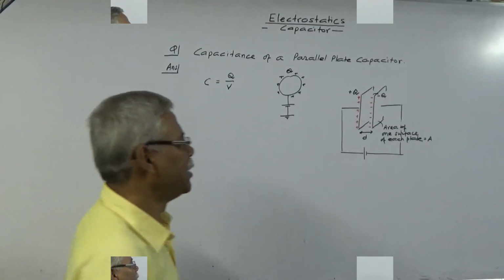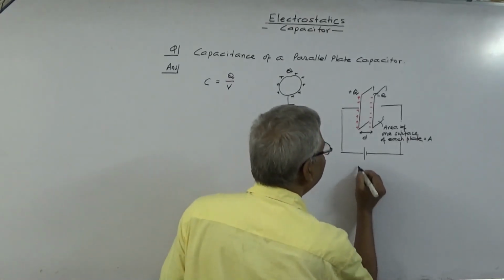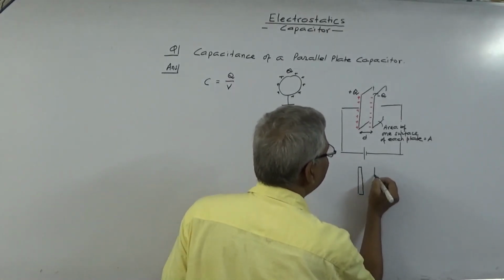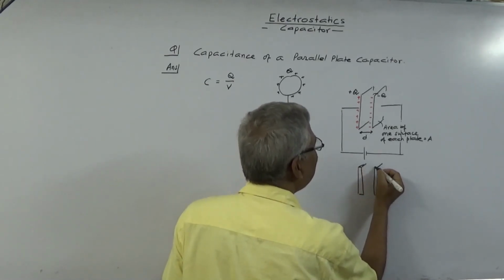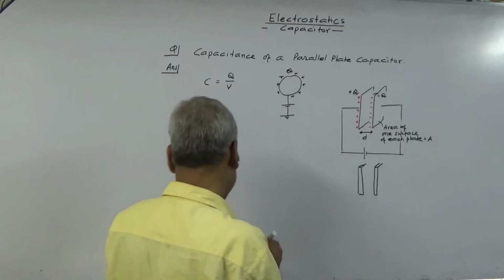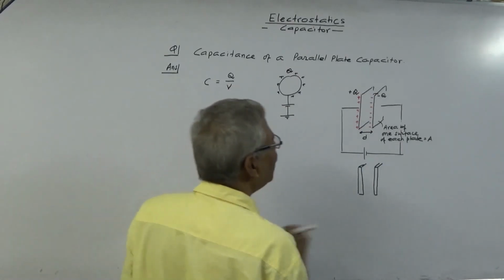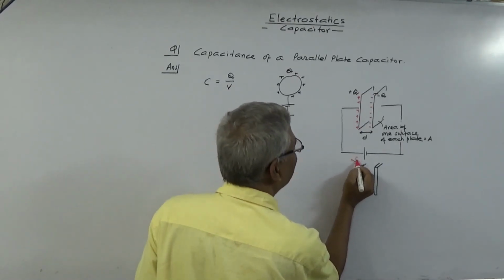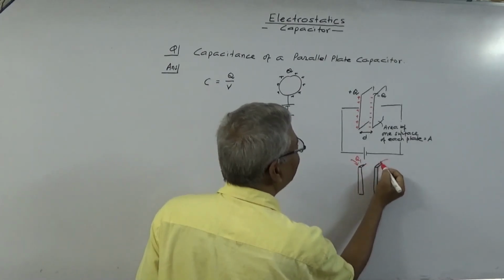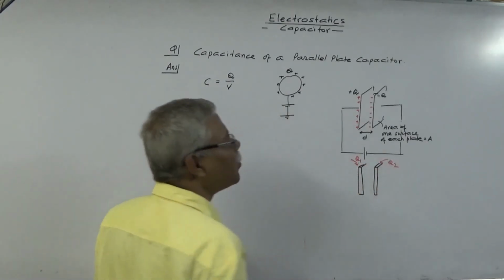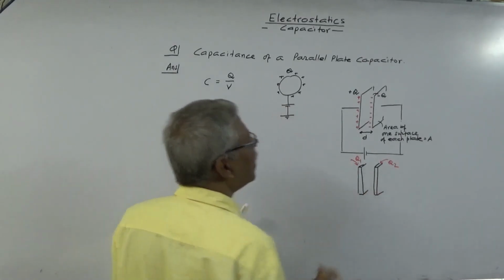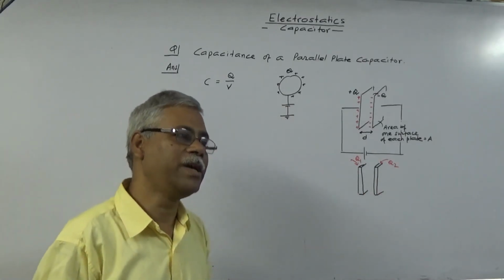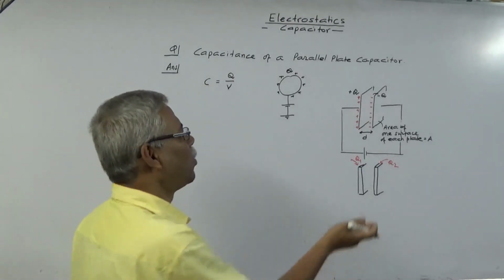If you consider two plates kept parallel to each other, and to one plate you have given Q1 amount of charge, and to the other plate you have given Q2 amount of charge. All of you know that a part of this charge will be stored on the inner surface, and the remaining will be stored on the outer surface.